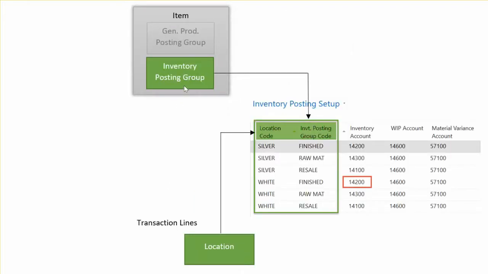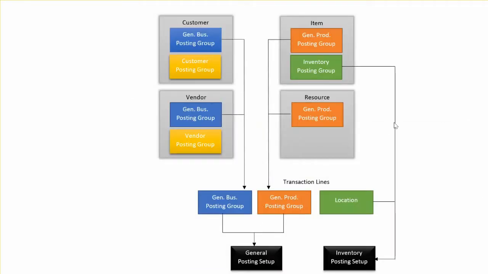On the transaction, the inventory posting group set up for the item being referenced, along with the location on the actual transaction line, is used to map in order to determine the account being posted for the inventory transaction. It works the same as the general posting setup, but for inventory posting setup, it's location in the inventory posting group based off of the item card. The combination of the different posting groups allows you to have easy maintenance and mapping for the GL account that things are going to post to.